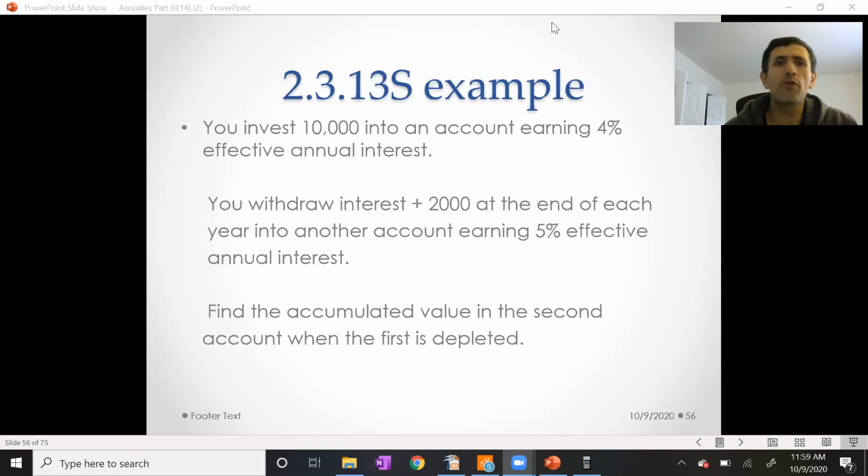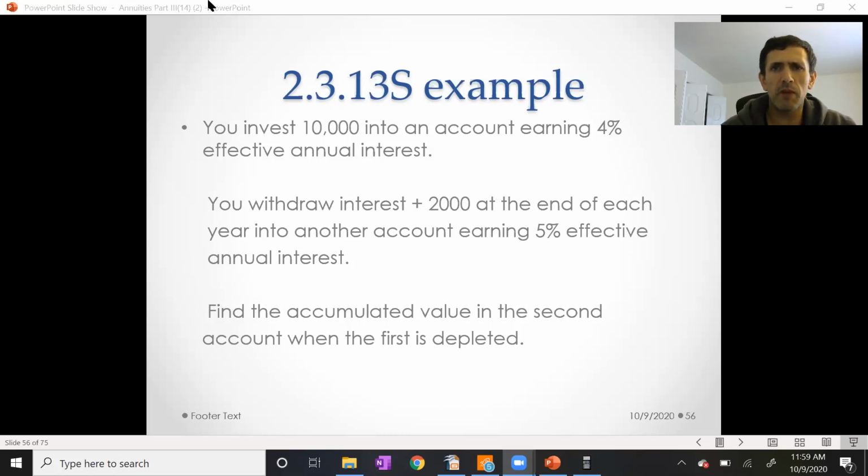That's all it's needed for. It is just needed to tell us how much is deposited into the second account at the end of each period. For the annuity formulas, what's relevant is this 5% that the second account earns.